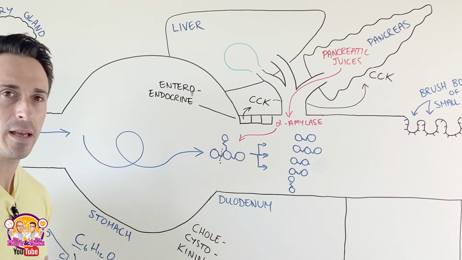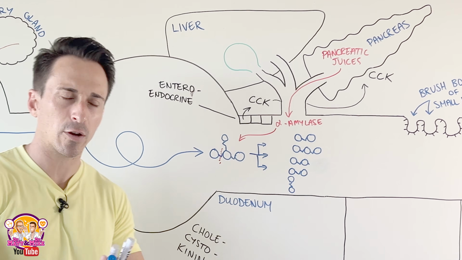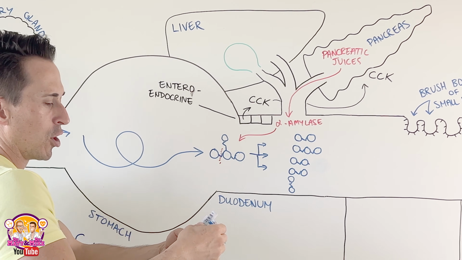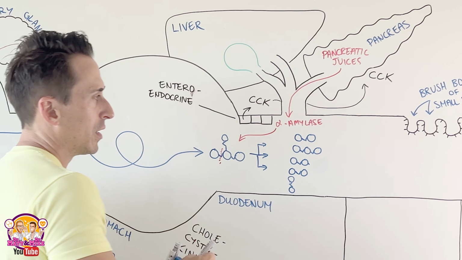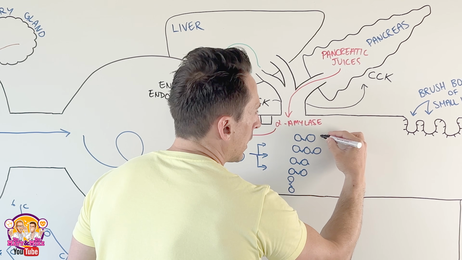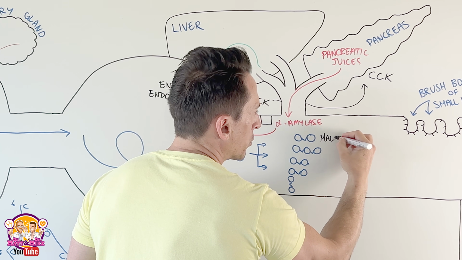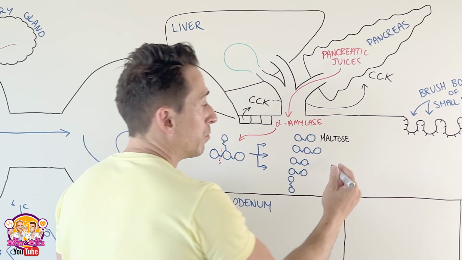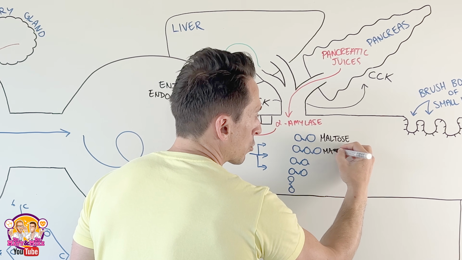So these are the major disaccharides and trisaccharides we have remaining once we are in the small intestines. What are they called? This first one here is called maltose. This next one is called maltotriose, because there's 3.